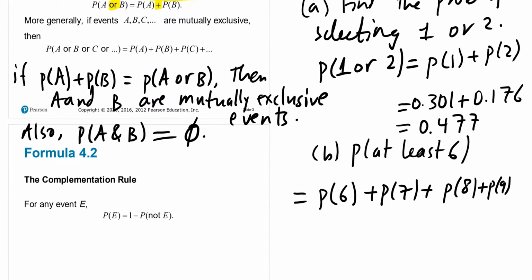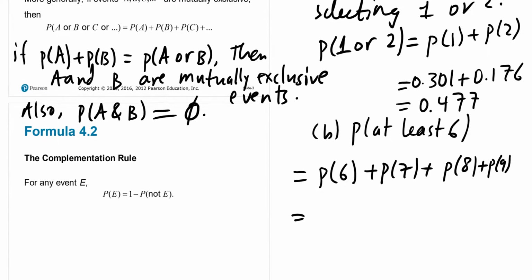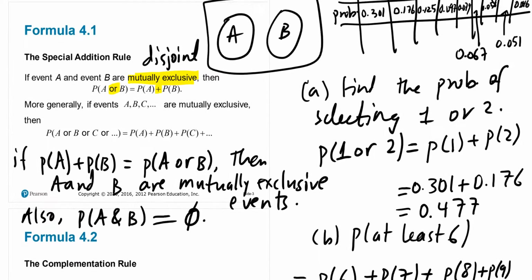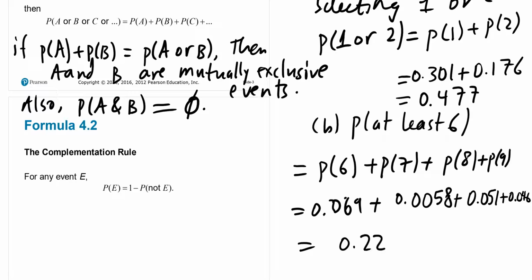So then we just add them up. 6 was 0.067. The next one is 0.058, 0.051, and the last one was 0.046. If we add them up, we get 0.222.